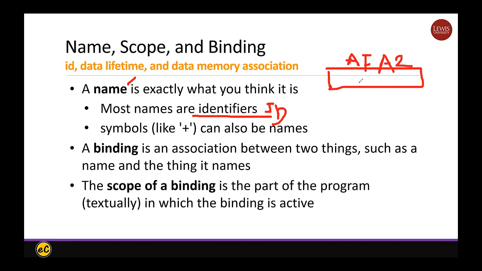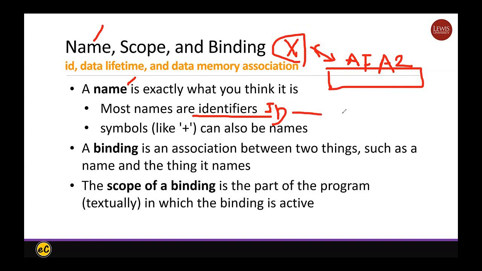This is the hexadecimal code of the address. And then you have a name, say X, that is associated with this memory. So the name is the identifier that you use in the program, the variable name. Sometimes we call it ID.